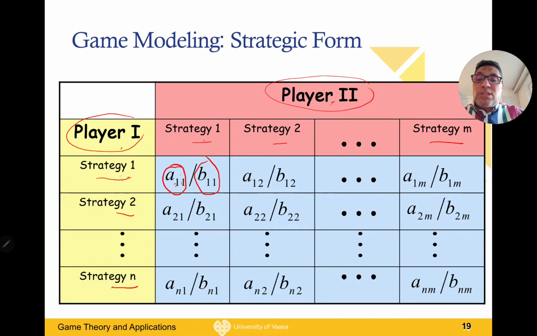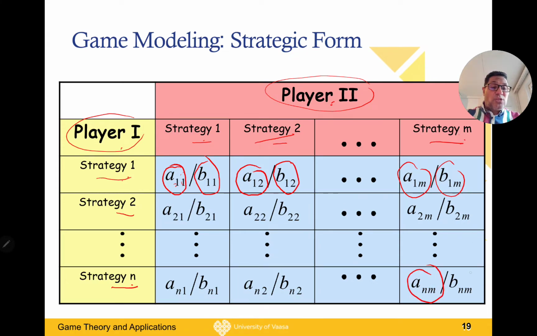If player 1 plays strategy 1 and player 2 plays strategy 2, then player 1 will receive A12 and player 2 will receive B12. And so on, up to A1m, B1m, and finally, if player 1 plays strategy n and player 2 plays strategy m, then player 1 will receive Anm and player 2 will receive Bnm. This kind of modeling is called the strategic form.